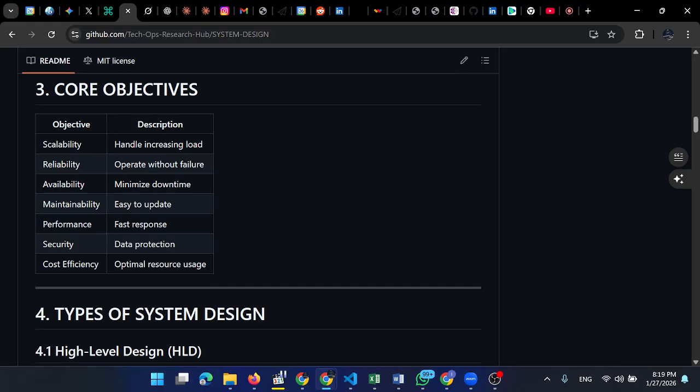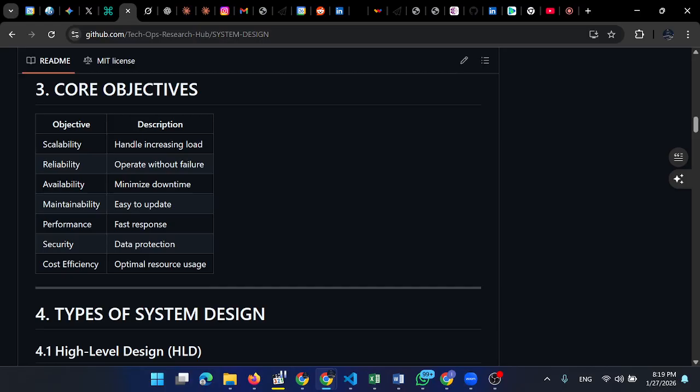Then we have cost efficiency. Under cost efficiency, we're trying to see what is the minimal amount of resources required to build the software, or rather, what is the minimal resource usage. For example, if your software has been consuming, let's say, around $10,000 every month, how can we come up with measures of ensuring that we can cut the cost down to maybe $1,000 a month?